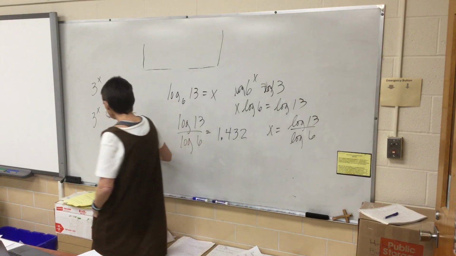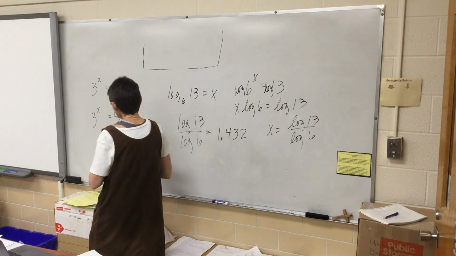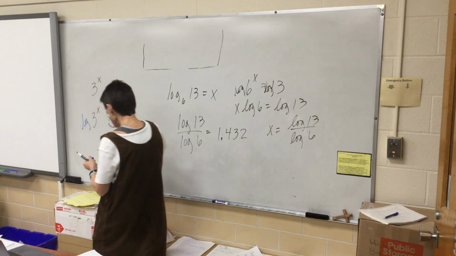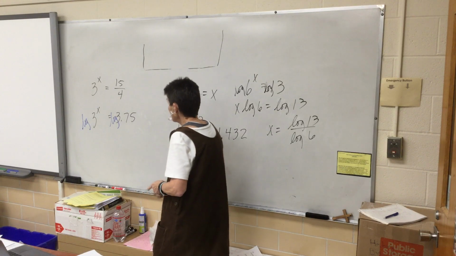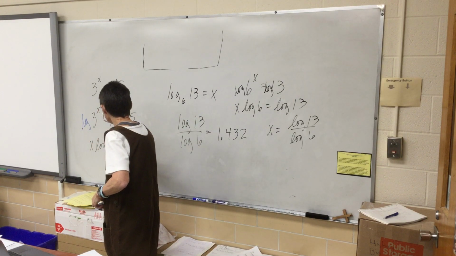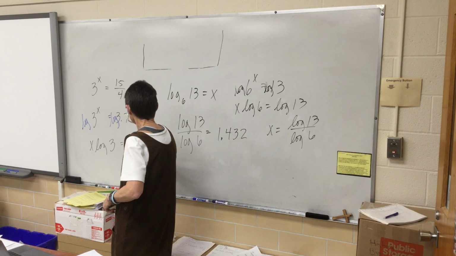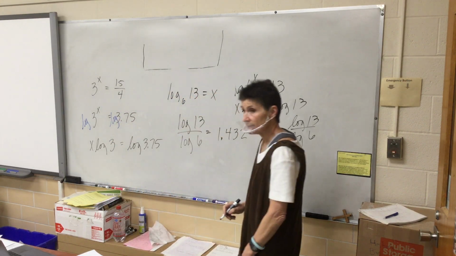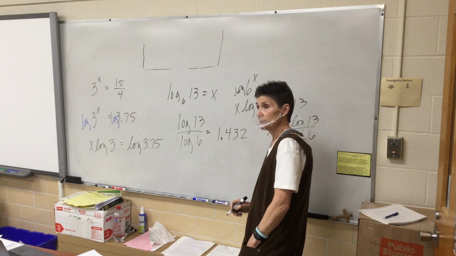So you're going to take the logarithm of both sides. And the reason that you take the logarithm is so that the exponent will come off into the front. Right? That's why we do it.